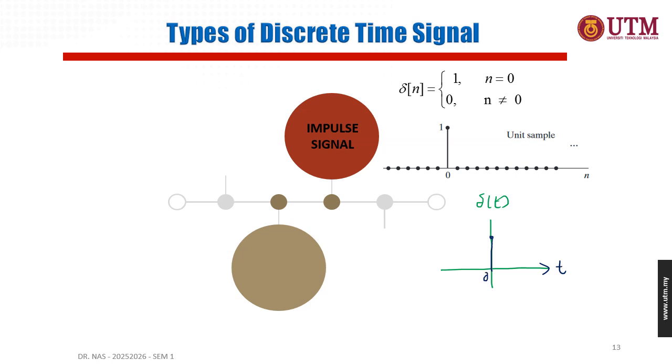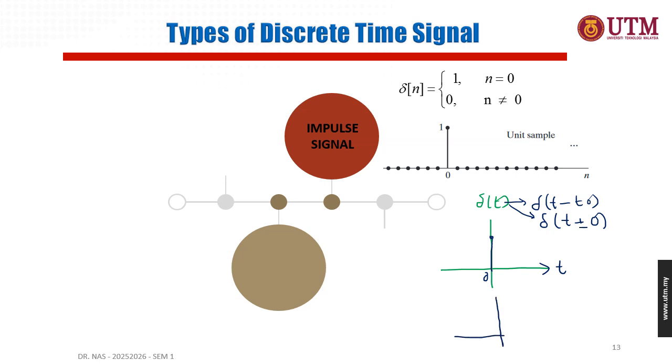Okay, so this one is basically, if you compare with the basic shifting equation, δ(t − t0), this one is equal to δ(t − 0). What happens if you have the impulse at a different position?